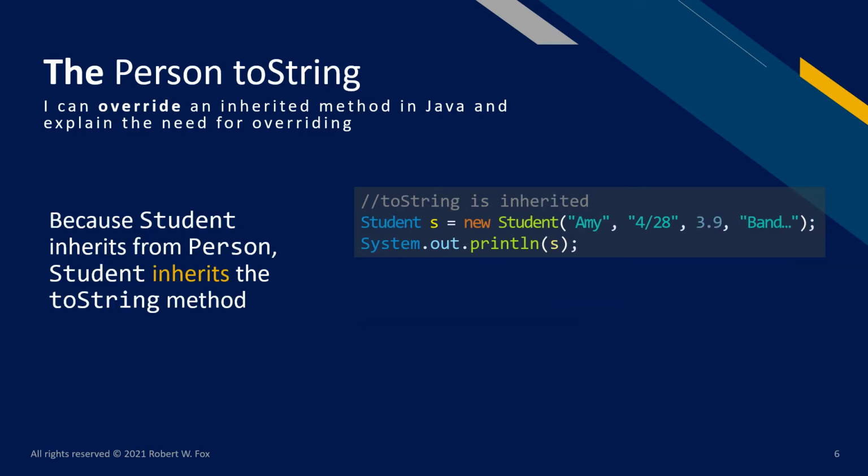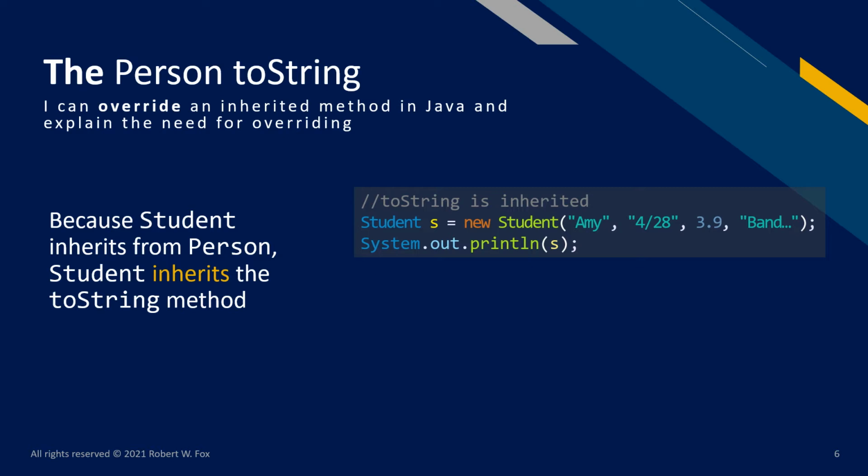Now let's turn our attention to the subclass, the student class, and I do the same thing. Notice that I make a new student object called S, and I set it to a new student with the same name and birth date, but I also specify the grade point average and the student's schedule, and then I print line the student.